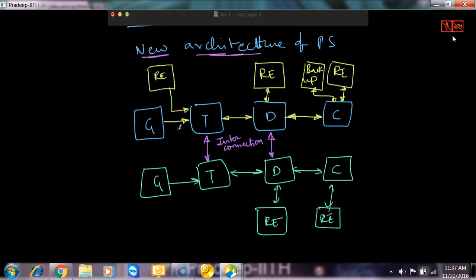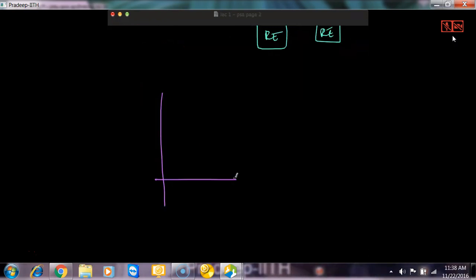Earlier it was very simple, but now, because of the introduction of renewable energies into the grid, let's look at the output power. If I take a graph with time, it will be something like a straight line.